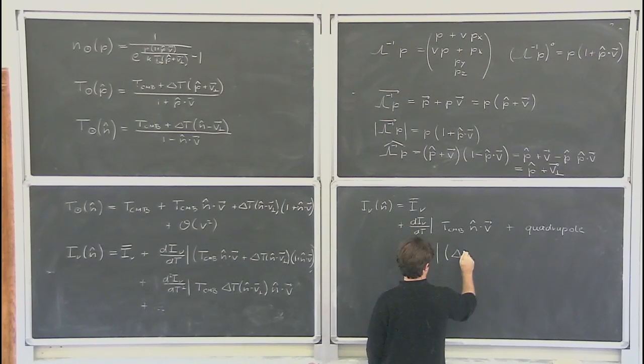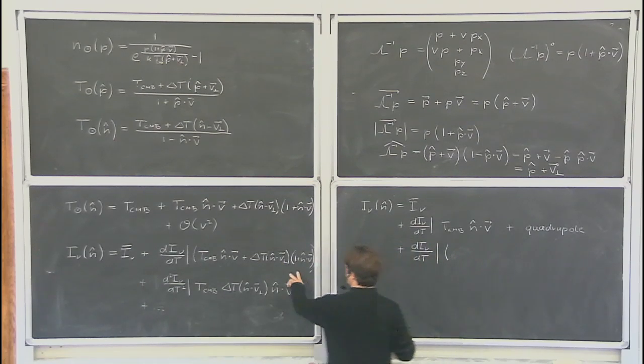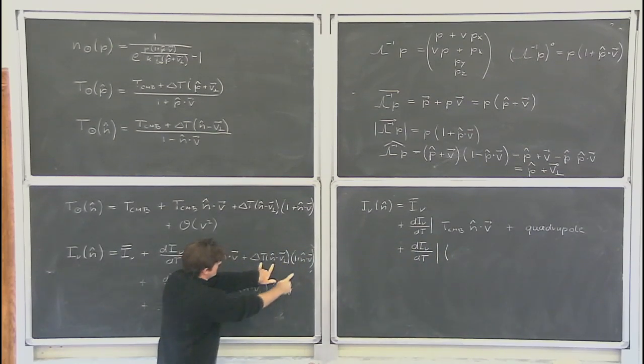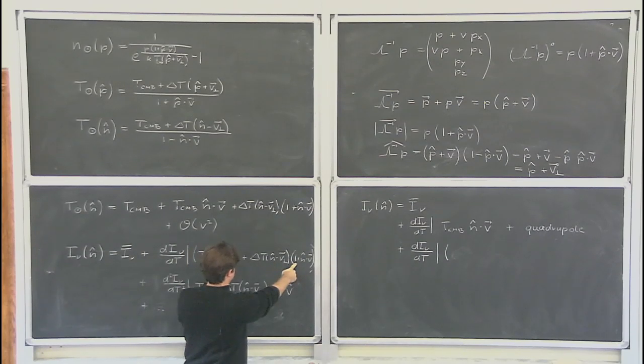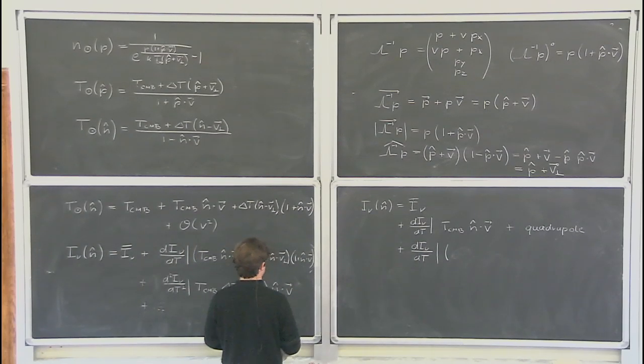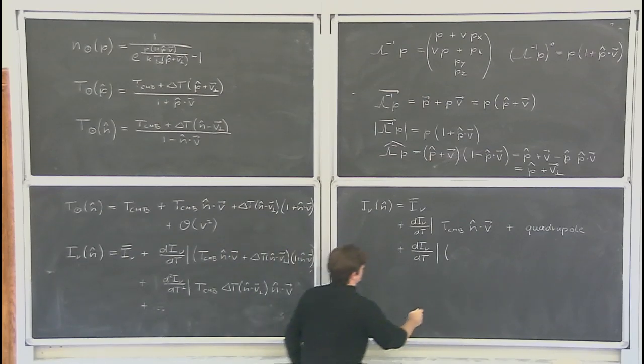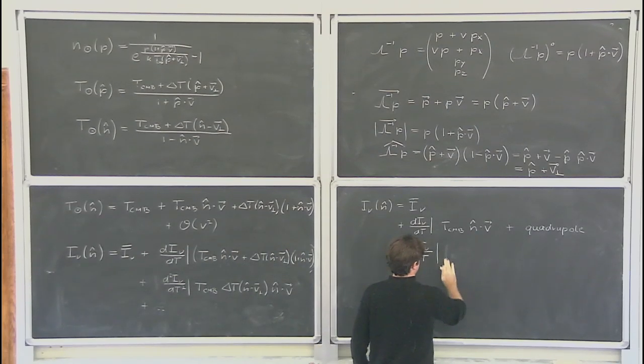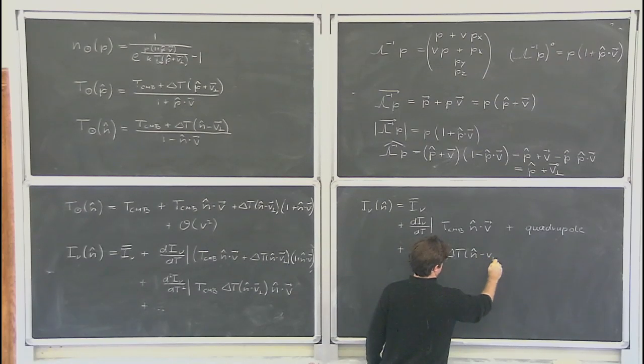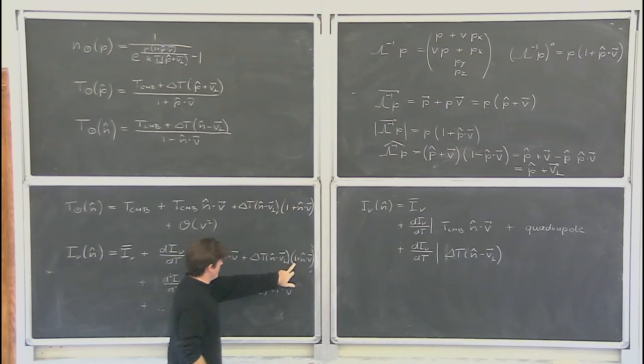So I have delta T, well, let me put it slightly differently. You see that I have delta T times 1, which just comes from here. So let's write it out. There's the delta T of n hat minus V transverse. And then I get a factor of 1 just from here.